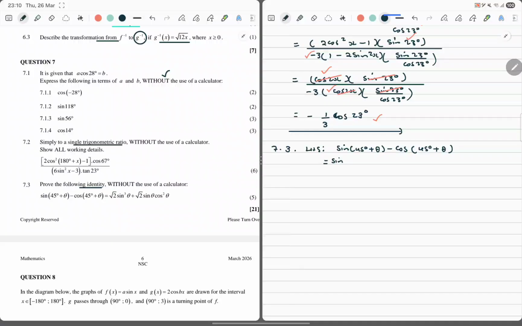So this is going to be sine 45 degrees cos theta plus cos 45 degrees sine theta minus, this becomes cos 45 degrees cos theta. The sign goes to minus sine 45.